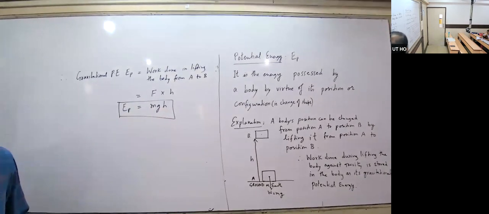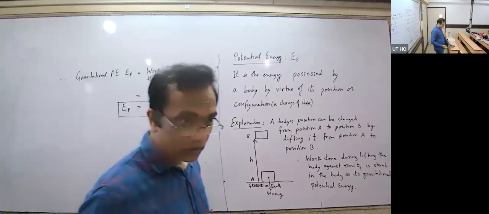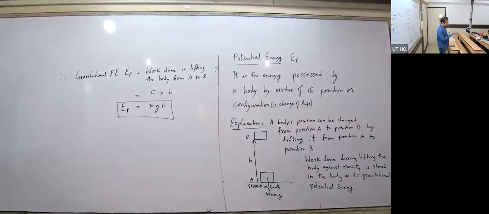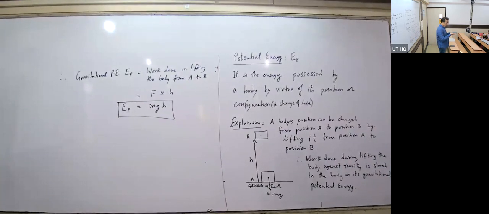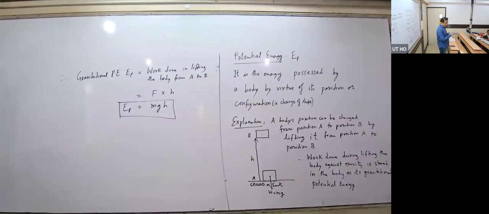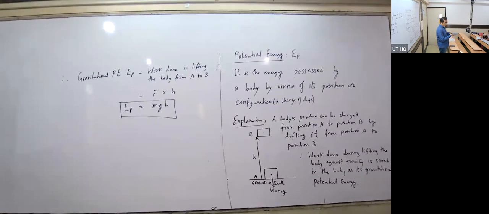Okay. So have we changed the velocity in this case? What was its initial velocity? At A, 0. What is its final velocity at B? 0. So is the velocity changing? So is there any kinetic energy? No. So when you apply force on a body, that force will do some work on the body.